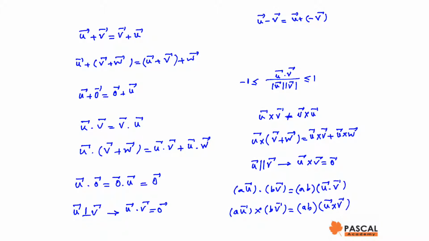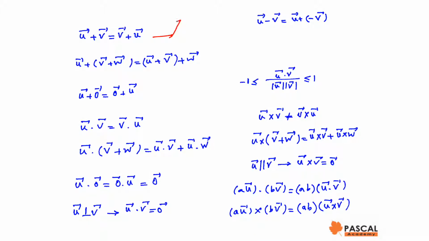There are some properties of addition, dot product, and cross product. I briefly go over them as examples and try to prove some of them. First of all, u plus v and v plus u are equal. The addition of vectors is commutative.